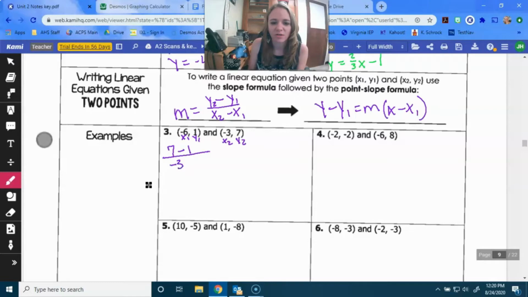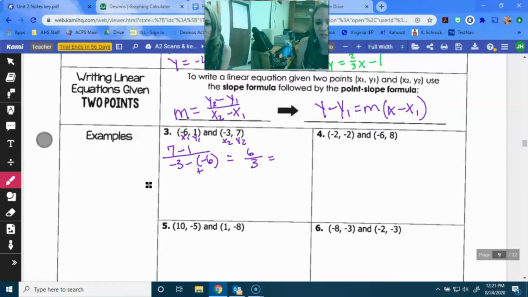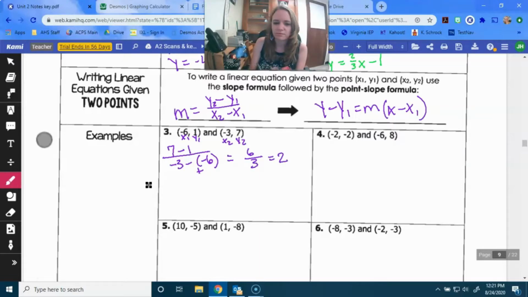Remember, if I start over here, this one minus this one, then I have to do the same thing on the bottom. This one minus this one. I have to subtract from the same coordinate to the same coordinate. 7 minus 1, negative 3, minus negative 6, giving us 6 over, this would be plus, so negative 3 plus 6 is 3. 6 over 3 simplifies to 2.